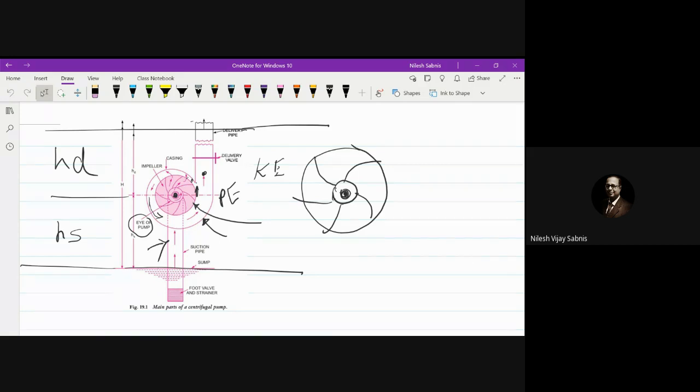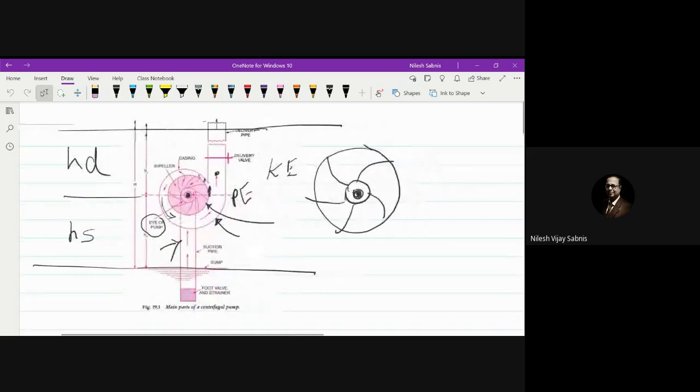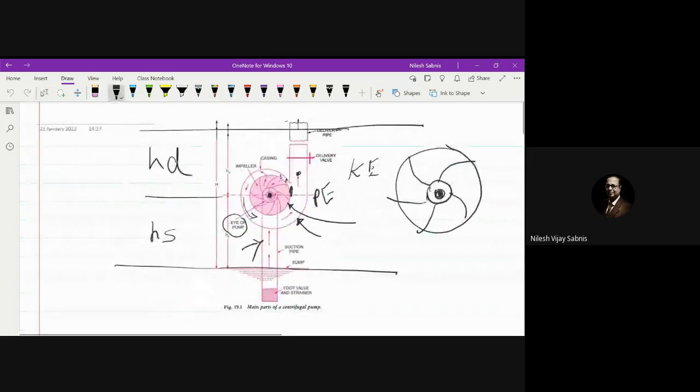In case of pump, it is coming from inside to outside.